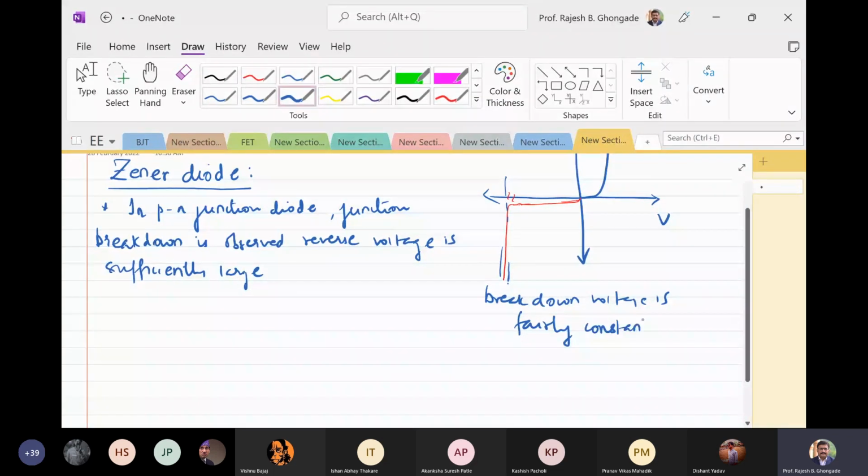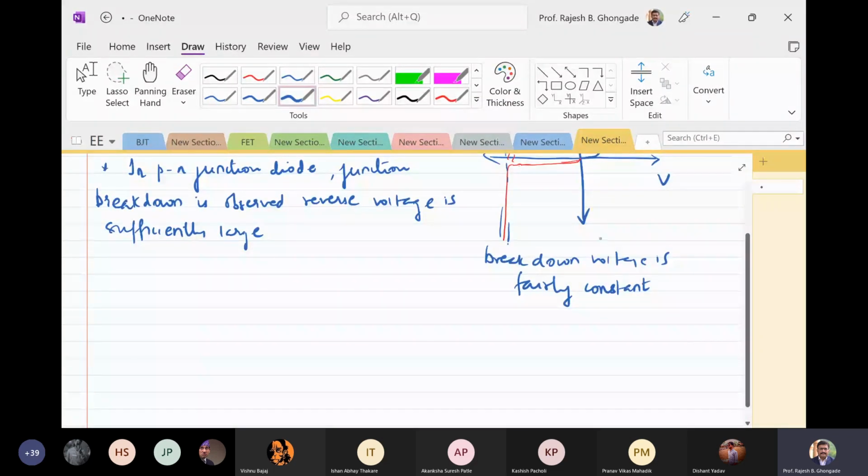And we can utilize this breakdown provided you control the current flowing through the diode properly, limiting the current flowing through the diode in the reverse direction. And of course you can have some ways in which you can build a device, design a device to have breakdowns at certain voltages.